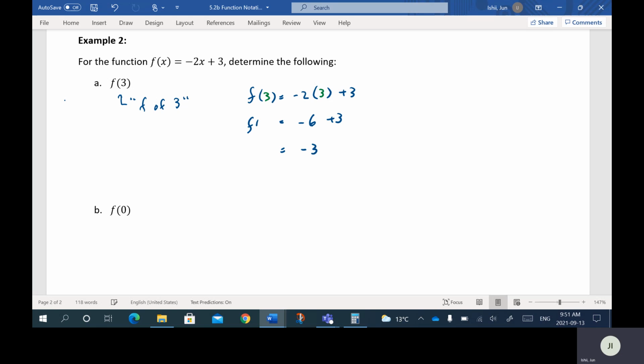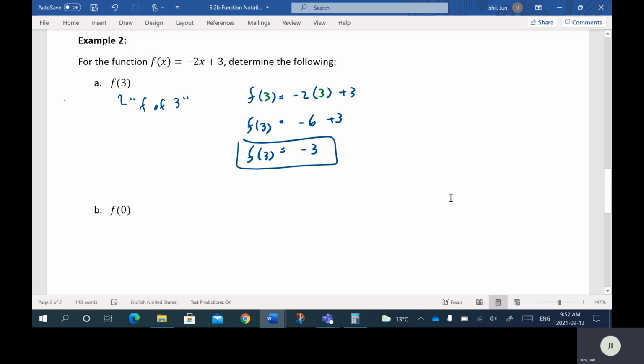I could keep writing f of 3 down here, but we are done. You're not going to divide both sides by 3. You finish when you just get a number on this side, because this is not f times 3. This is f of 3, the value of the function when your x is 3.